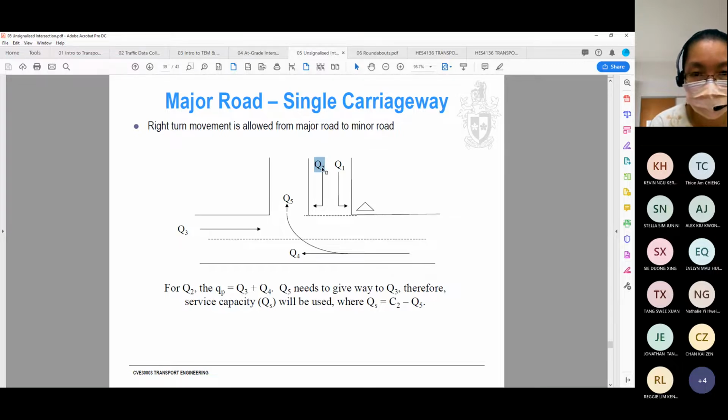Because this movement gives way to Q3, Q5, Q4, but Q5 will have to give way to Q3. So if you're analyzing for Q2, this is giving way to Q5, which has to give way to Q3. In that situation, you have to use QS, the service capacity. I hope that is clear to you.